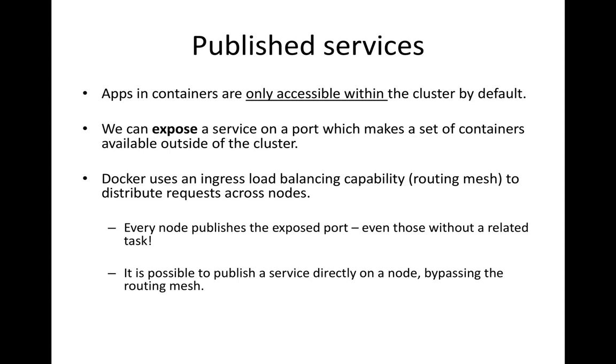It's something called the ingress, or the routing mesh, and it will use that to automatically distribute requests to the service tasks, or the different containers running on nodes within the cluster. So you can think of this as being like an elastic load balancer, or a load balancing service that's automatically created for us when we publish a service port.